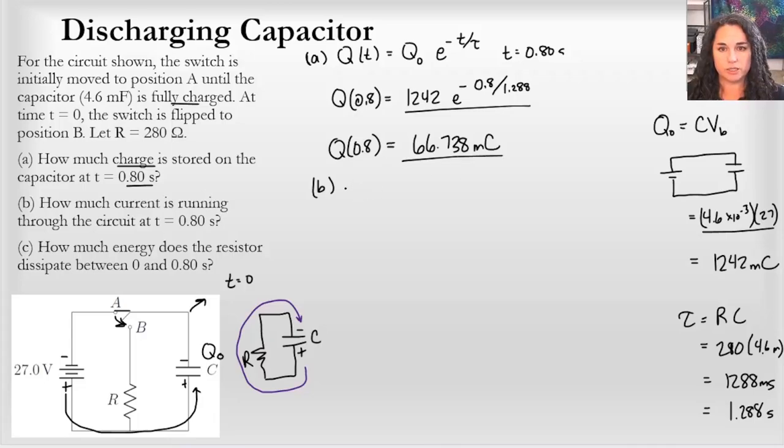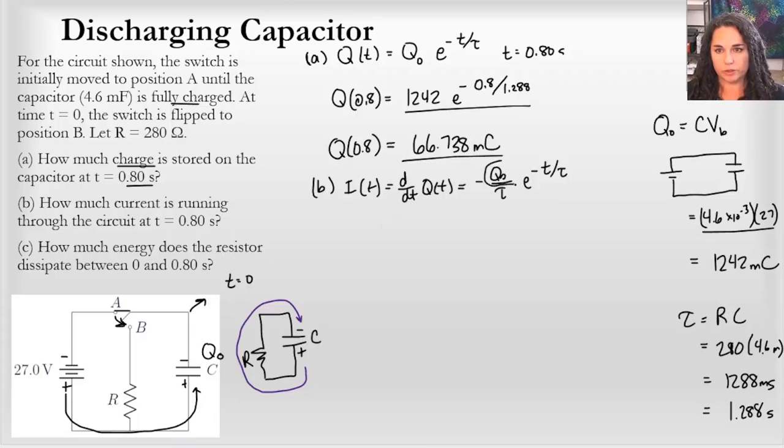Current, we know, is the time derivative of the charge. I of t is d by dt of Q of t, and we can do that. We're going to get a negative Q naught over tau e to the negative t over tau.